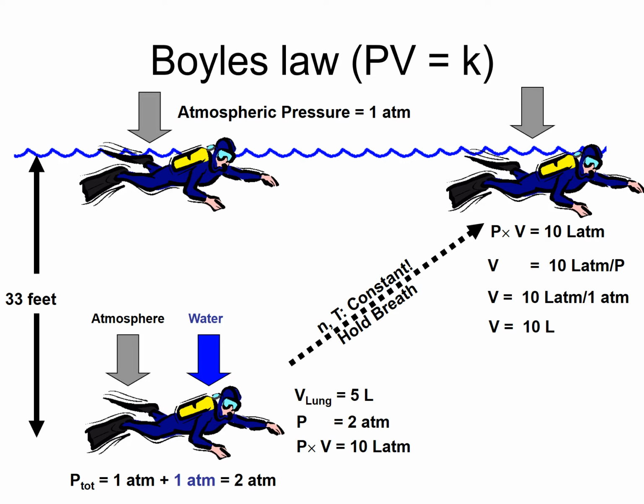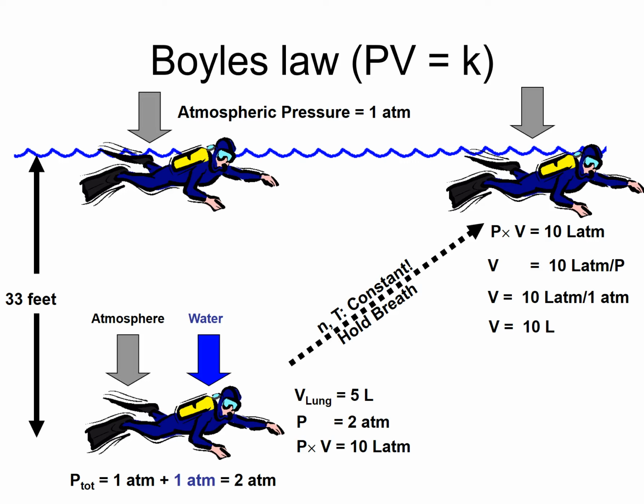If the diver were to actually do this experiment, it's quite likely that they would suffer serious injury, since the average adult's lungs are not 10 liters large. In fact, having had some scuba diving lessons, one of the things they always tell you to do is that as you're rising up, as you're surfacing, you should always be blowing bubbles. In a way, what they're telling you to do is to release that excess gas that's trapped in your lungs.